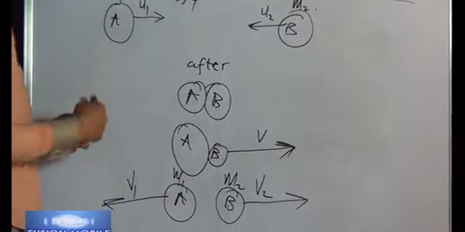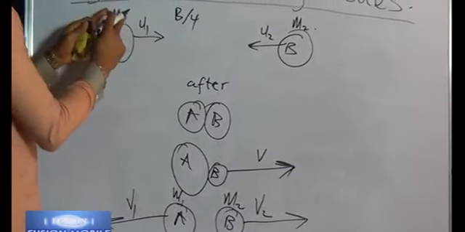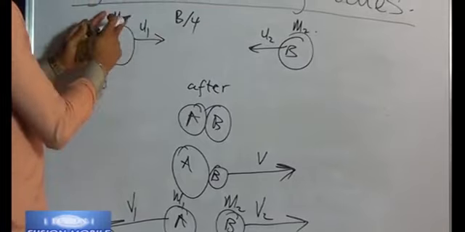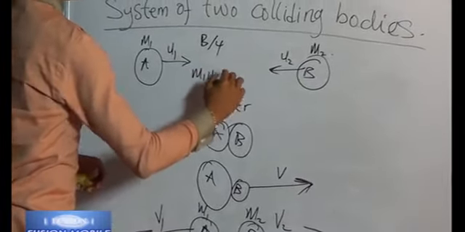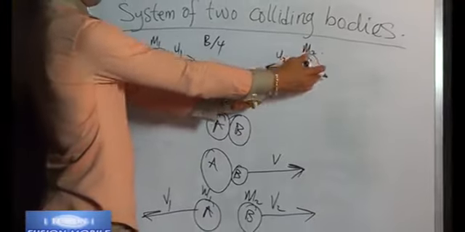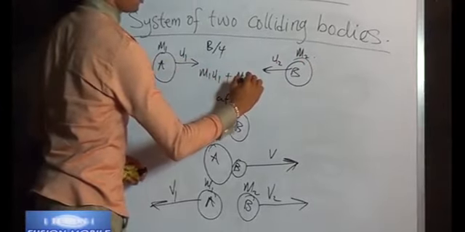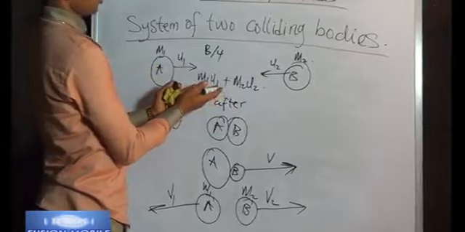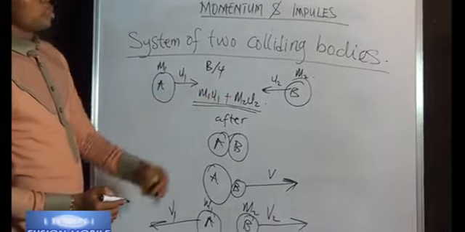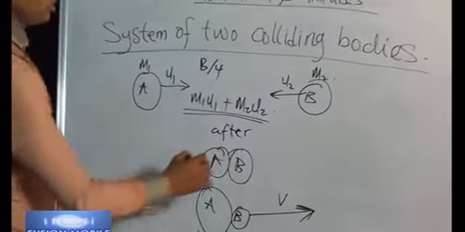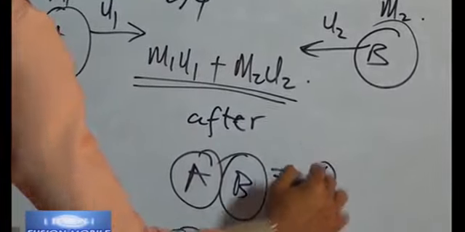Now, taking the momentum before collision, we take here the momentum of A, which is m1u1, plus the momentum of B, which is m2u2. This is what we have before collision: m1u1 plus m2u2. Now after collision, here we have the momentum to be 0. Why?